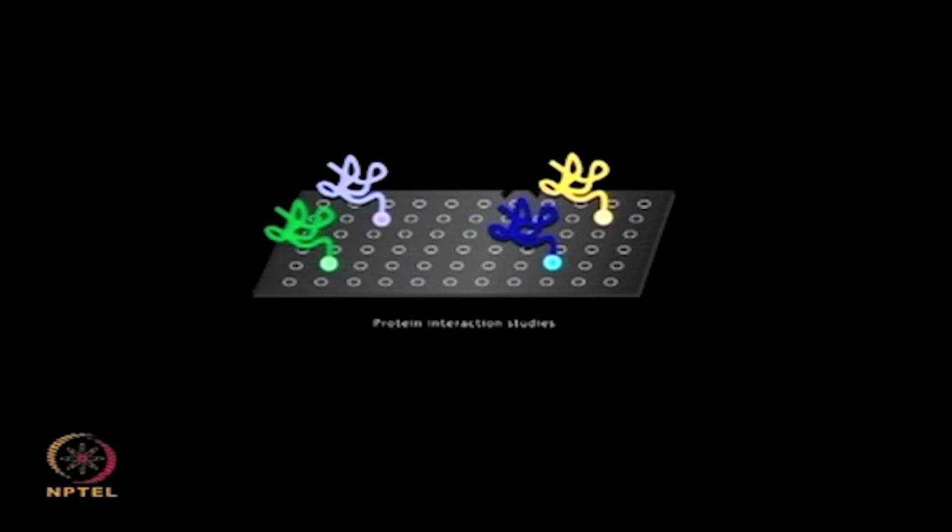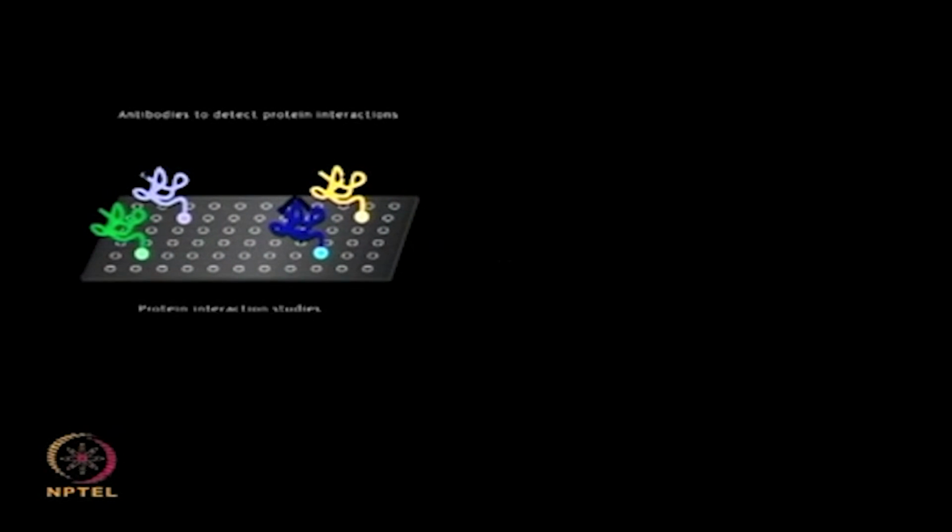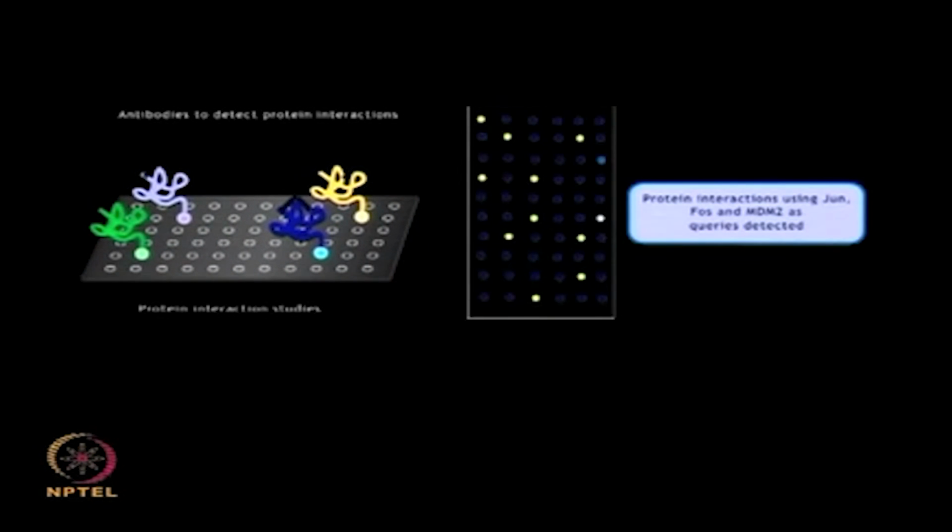These protein microarrays were then probed with antibodies specific to the query proteins. Authors detected various protein interactions using well-known query proteins such as Jun, FOS and MDM2.